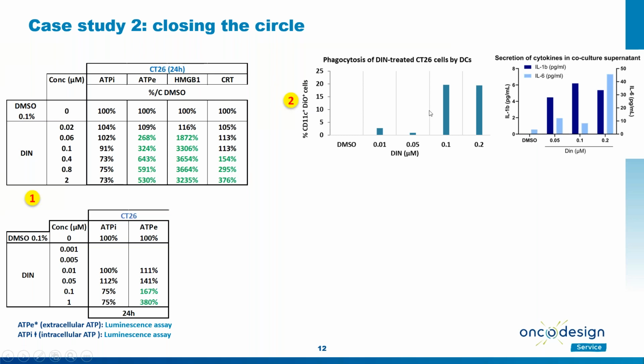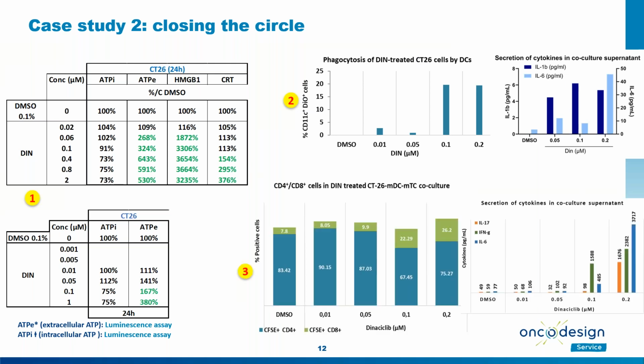Then we have the co-culture assay again, where we can see an increase in phagocytosis capability by DCs induced by dying CT26 cells, and then release of specific cytokines from DCs. And then the co-culture where we have dying tumor cells, DCs, and T cells.